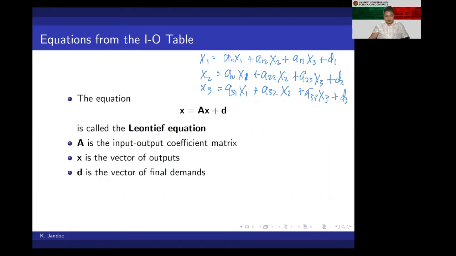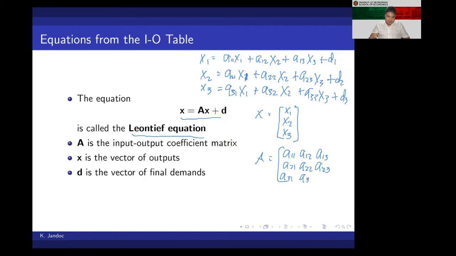Okay, so we can rewrite it as the equation x equals Ax plus d, which is called the Leontief equation. So x over here is equal to x1, x2, x3. The matrix A is equal to a11, a12, a13, a21, a22, a23, a31, a32, a33. And then the vector D is equal to d1, d2, and d3.